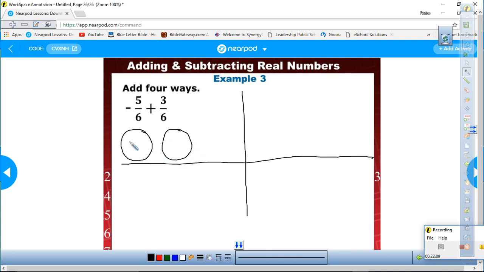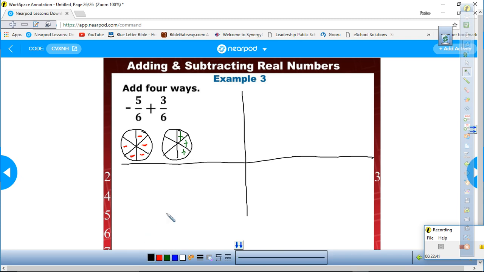And we need to divide these circles into how many portions? 6. So you draw an X, and then 1 through the center. For the negative ones, just label the ones that are going to be negatives. How many negatives? 5, 1, 2, 3, 4, 5. How many positives? 3, 1, 2, 3.